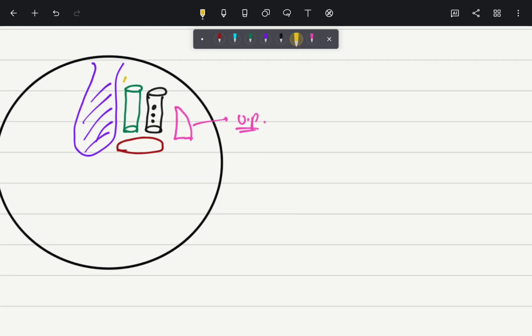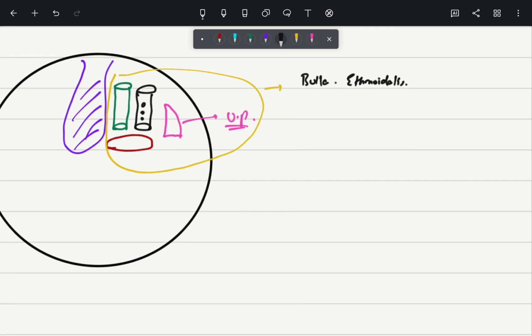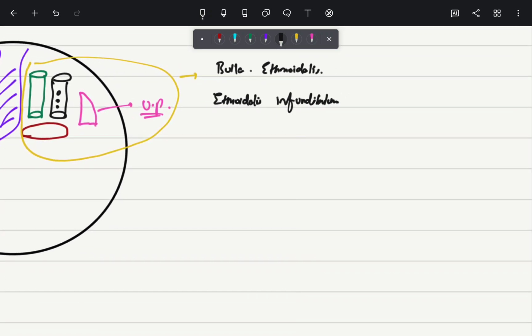Now this entire complex here, which includes the bulla ethmoidalis, and ethmoidalis infundibulum, which contains the three sinuses, frontal, ethmoidal, maxillary, and not only that, the uncinate process.